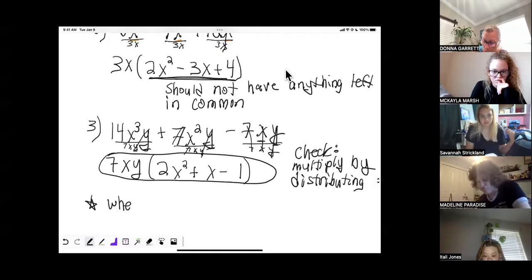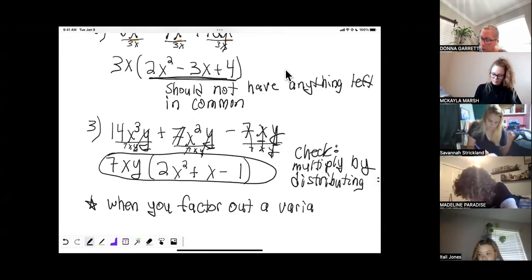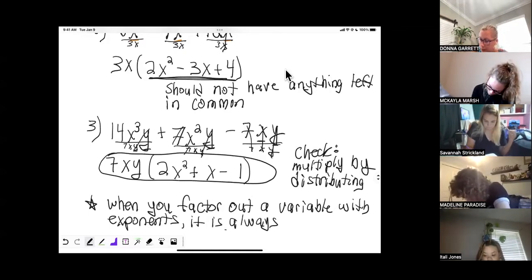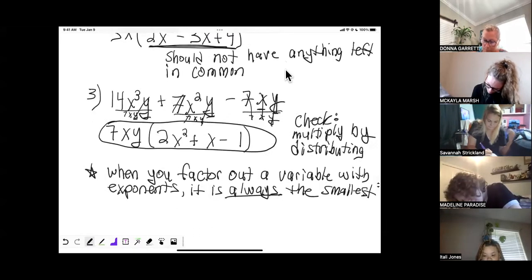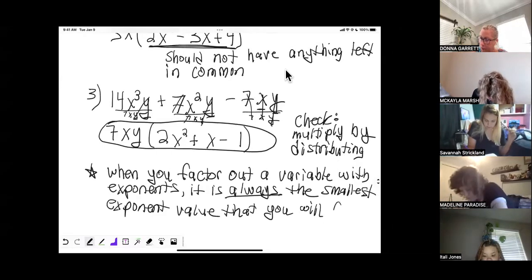So when you factor out a variable with exponents, it is always the smallest exponent value that you will factor out.